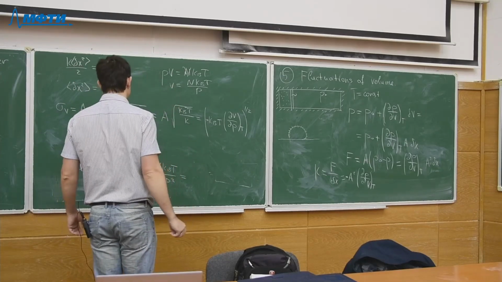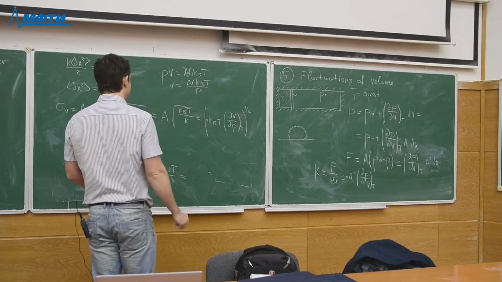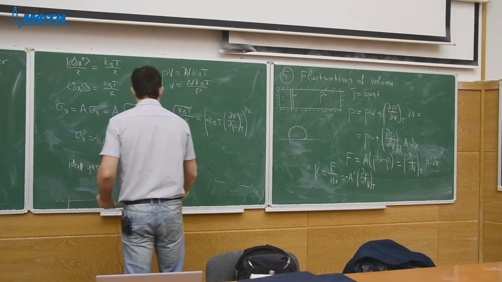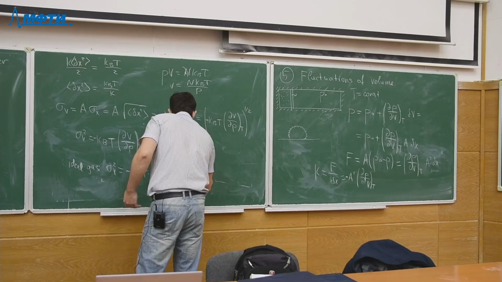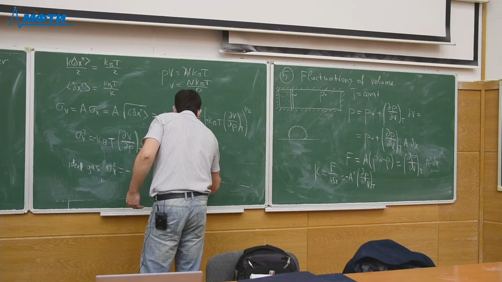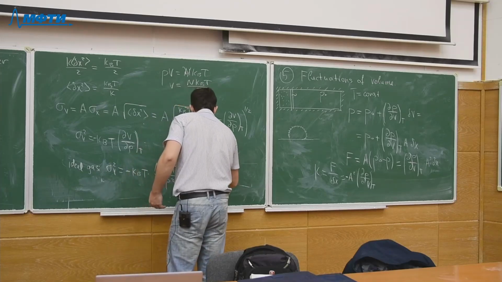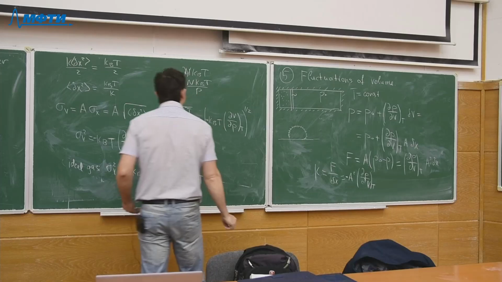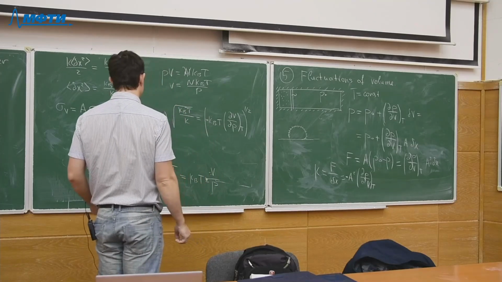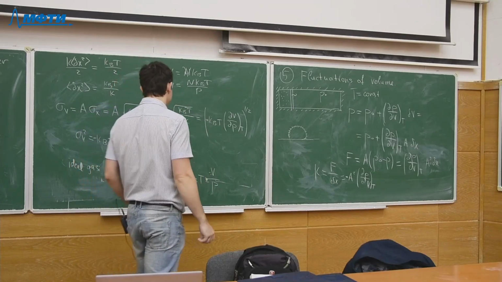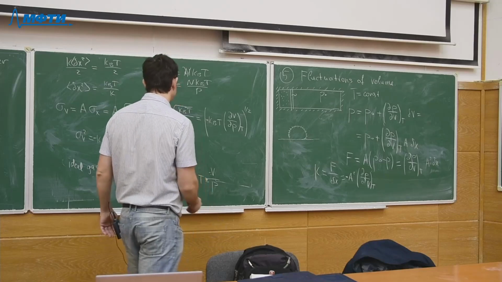Okay, so, well, I can use this once again, and I can say that this is actually equal to kBT times volume over the pressure. So that's the fluctuations of volume.